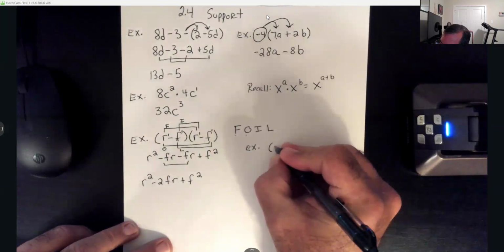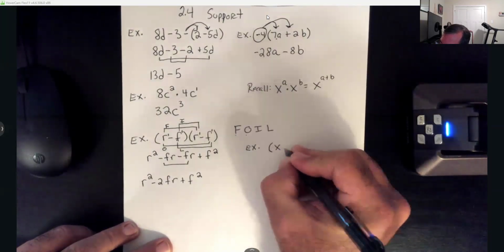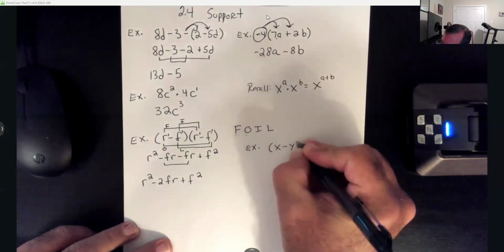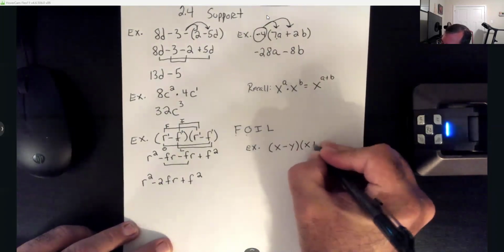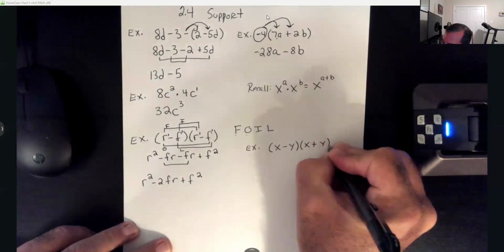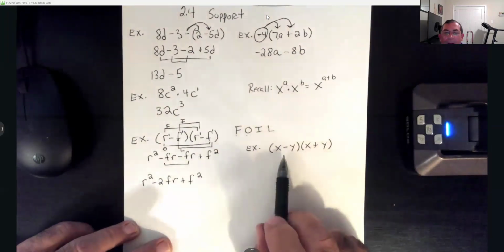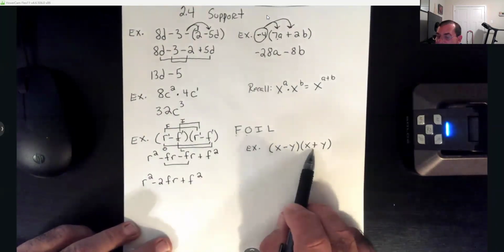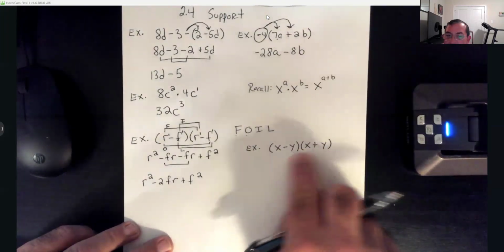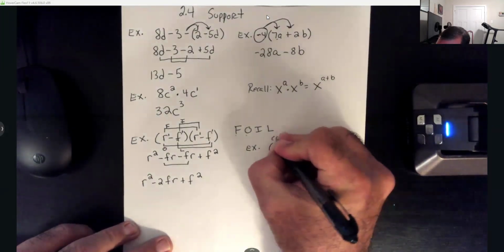What if I had something like x minus y times x plus y? Do y'all see how these are exactly the same other than one's being subtracted and one's being added? This kind of stuff is what we call conjugate pairs.